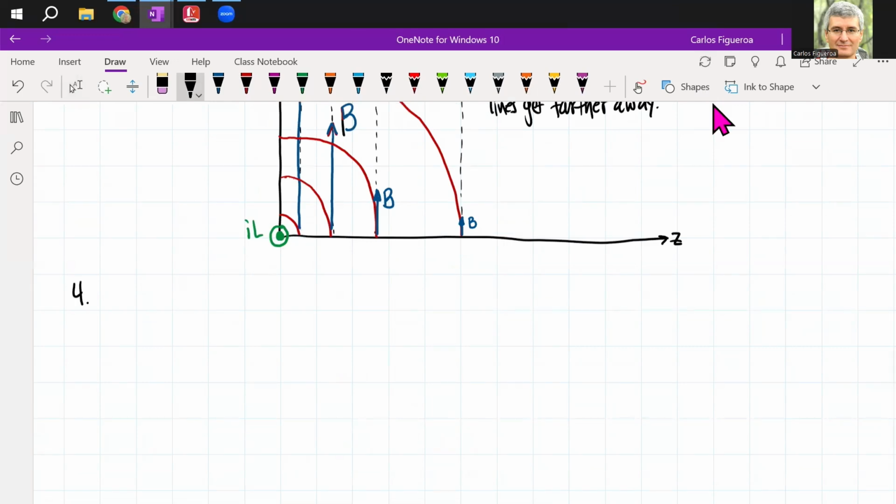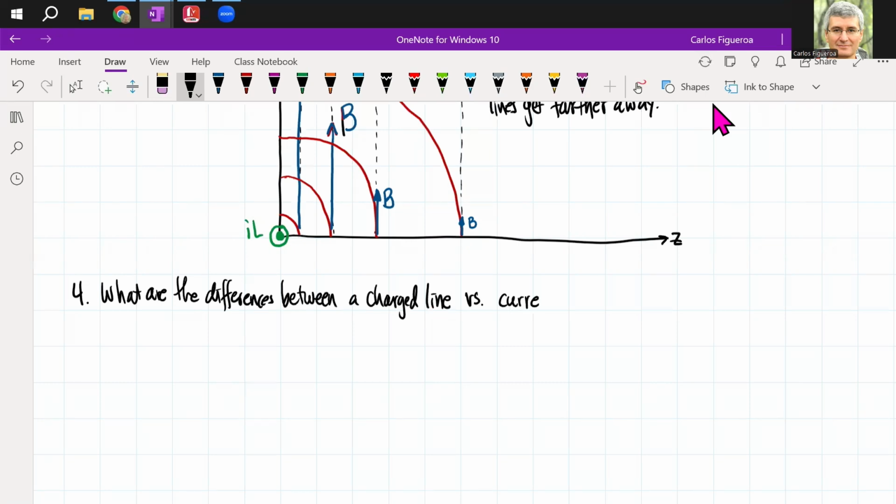And the question that I'm asking is this: what are the differences between a charged line versus a current carrying wire?